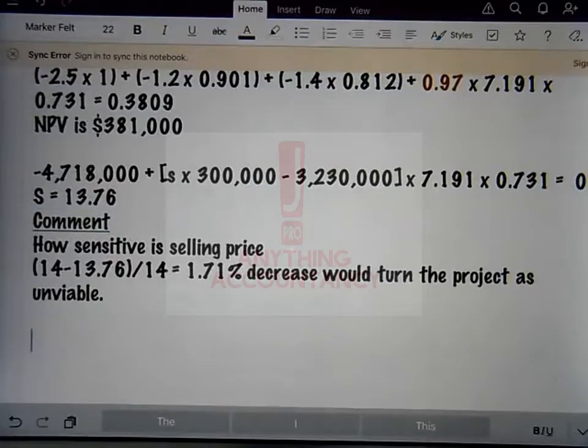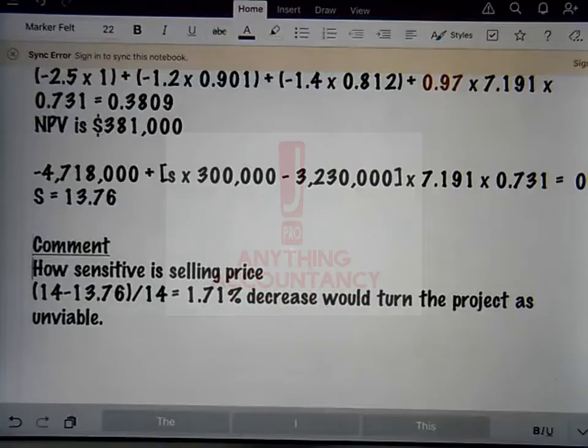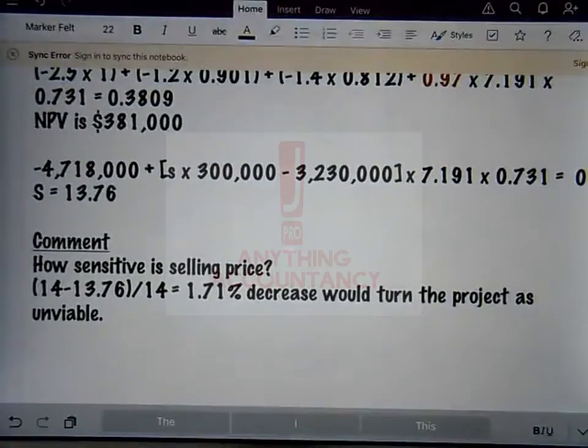Does that make sense? That's the comment part of it. Clear now? Okay. Let's do the next part. Part B. NPV. Strengths and weaknesses of NPV. This is quite a straightforward, common sense question, isn't it?